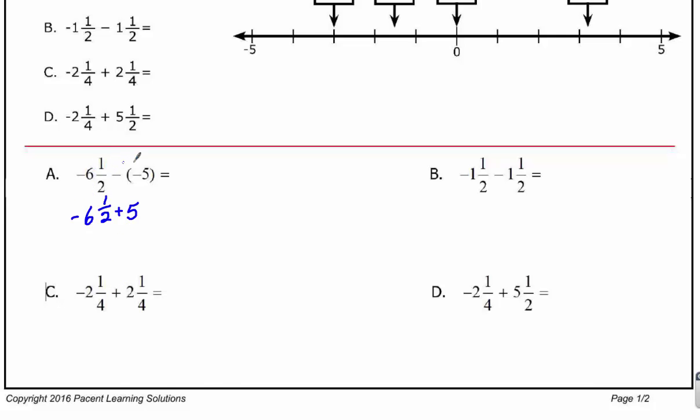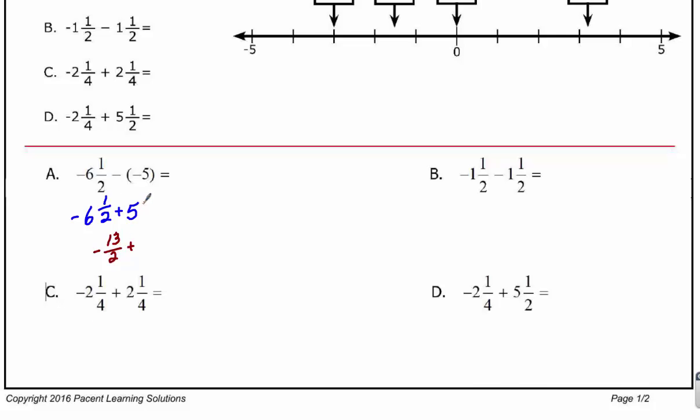Instead of subtracting a negative, we're going to do what we did back with integers. We're going to add a positive. From this point, there are a couple of ways that you can solve this. One way would be to change both of these to improper fractions. So let's do that. 6 times 2 is 12, and 1 more is 13. So we have 13 over 2 plus, we need 5 in halves now.